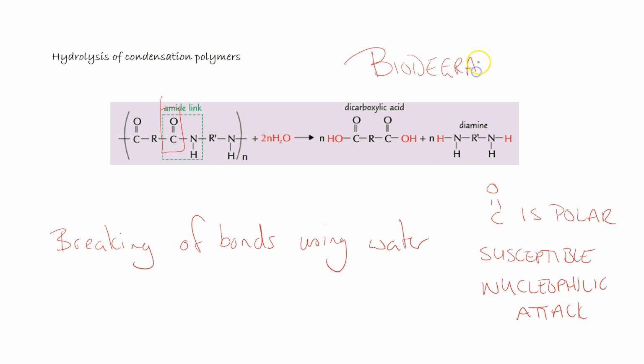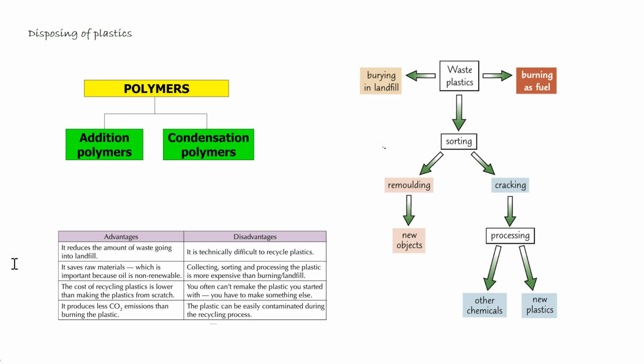And we're going to have a look now in the final section at the different ways of removing, recycling, reusing plastics. So disposing of plastics, we've got a variety of different options available to us. The first thing to note though is unfortunately addition polymers, because of the strong carbon-carbon covalent bond that exists between them, are non-biodegradable.